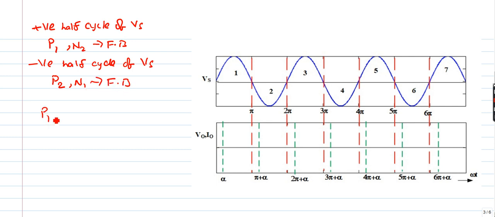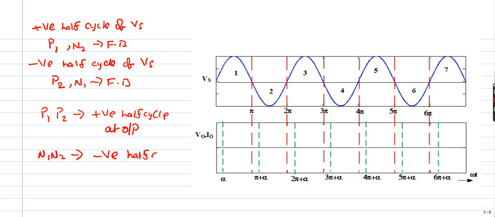So P1, P2 are in conduction, positive half cycle at output. N1, N2 are in conduction, negative half cycle at output. So if I am having these points, the analysis of cycloconverter becomes pretty easy.